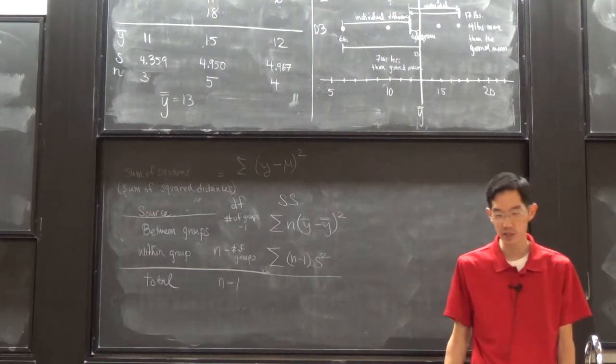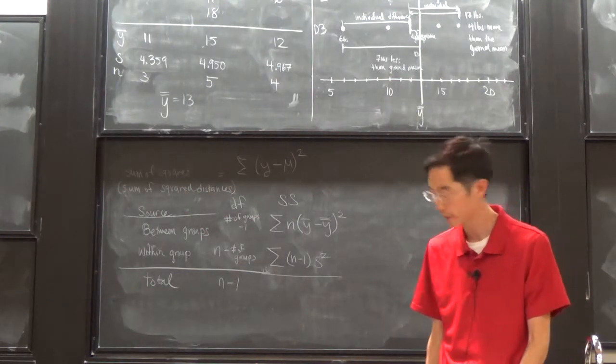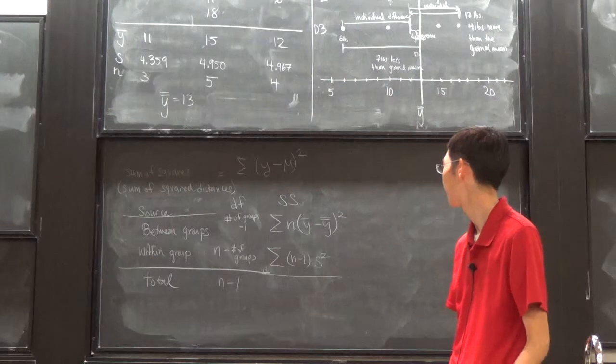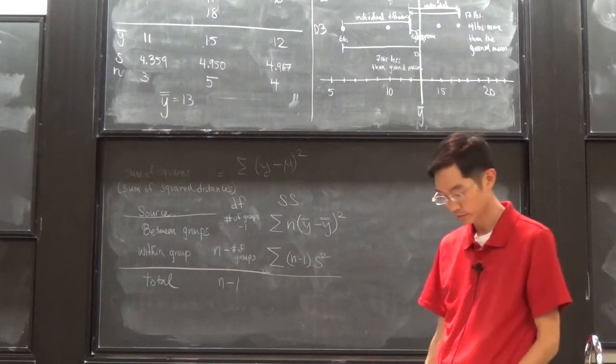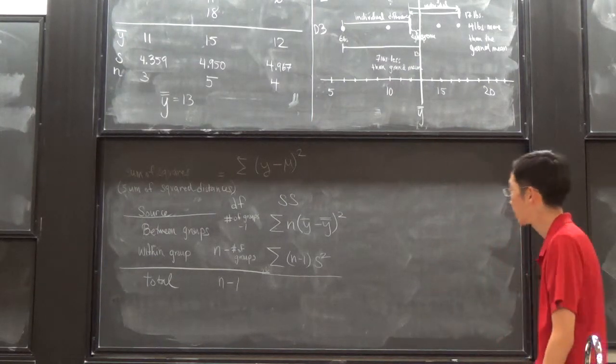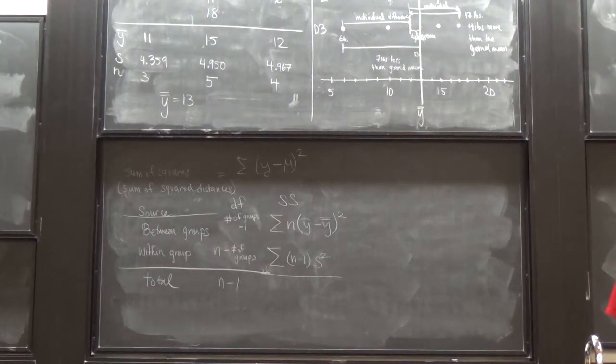The book abbreviates number of groups as the letter I. I feel like some more letters than we need.